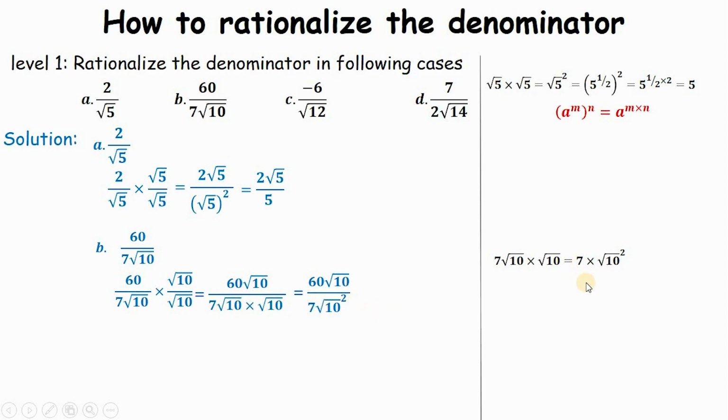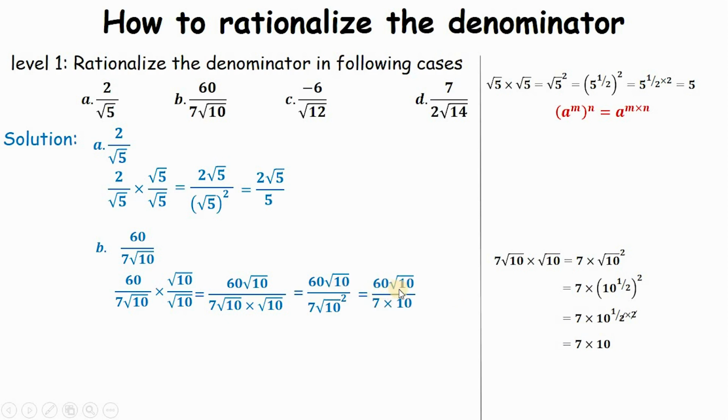7 root 10 into root 10 is equal to 7 into root 10 square. And 7 into root of 10 square is 7 into 10 raised to power half whole square. Root means power of half. Therefore power over power, again we'll use this identity here. So you'll get 7 into 10 raised to power half into 2, and 2 and 2 get cancelled. So you'll get 7 into 10, that is 70.